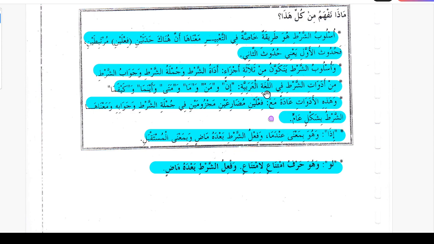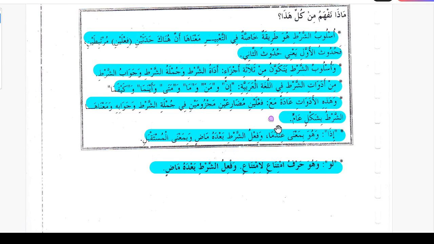From the tools of the condition in the Arabic language are in, man, ma, mata, aina ma, kaifa ma. These tools normally come with fi'l mudari' majzoom in the jumla shart, the condition, and also in the jawab. So they come with fi'l mudari' which should be majzoom.